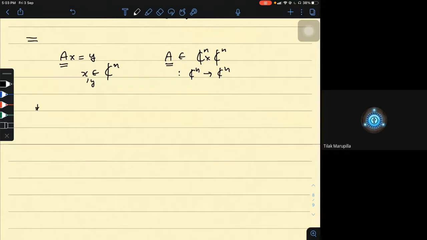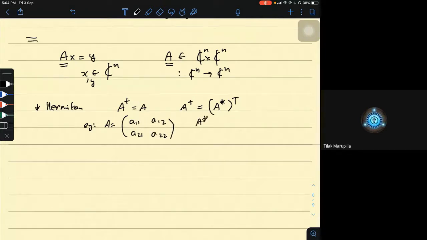Two main types are Hermitian operators, where I require that A dagger is equal to A. A dagger is defined as A conjugate transpose. For example, if A is equal to A11, A21, A12, A22, the A conjugate is A11 conjugate, A12 conjugate, A21 conjugate, A22 conjugate, and then A dagger will be the A conjugate matrix transposed.